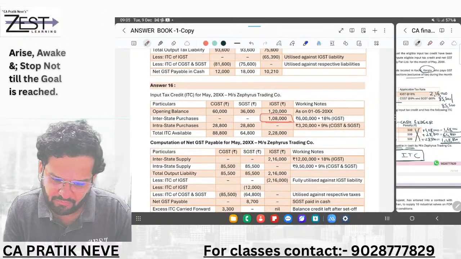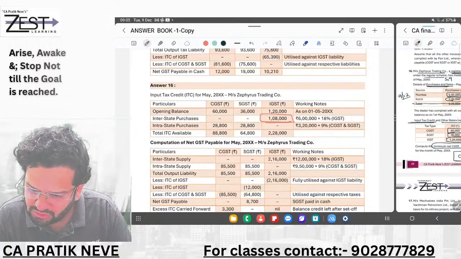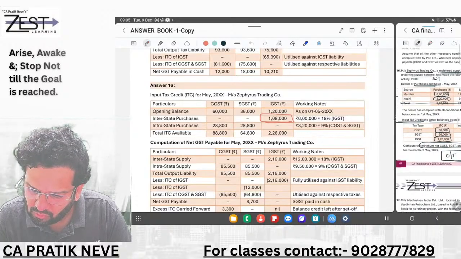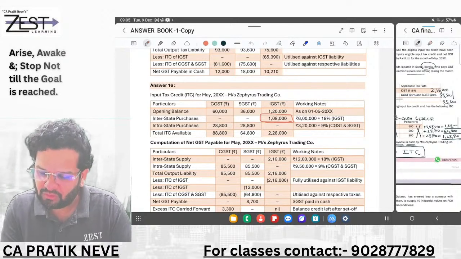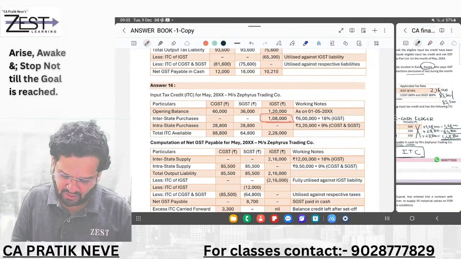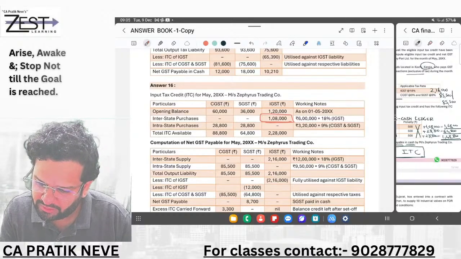1,08,000 is fine. Opening balance was of IGST 1,20,000. Okay. I have written in incorrect column. That's what the whole point is.